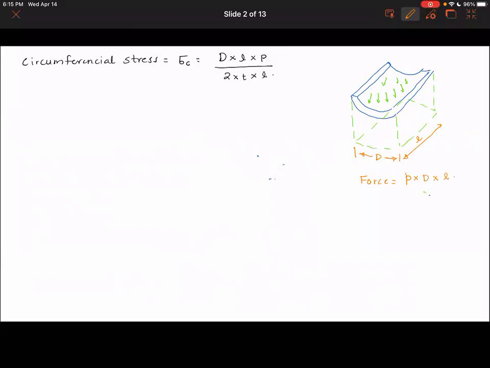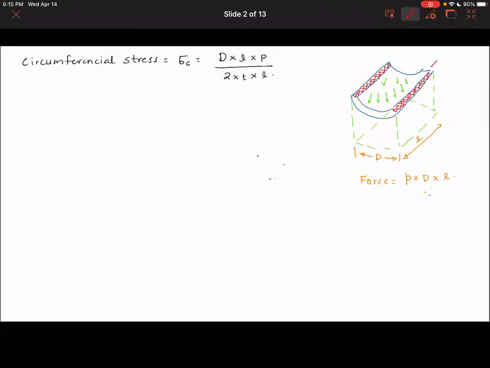Now, if you think about the area that is resisting the failure, the area that is resisting the failure is this area.